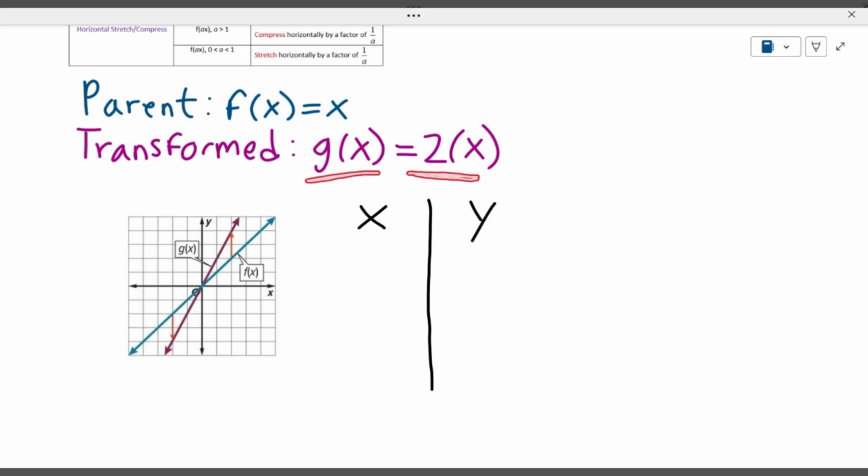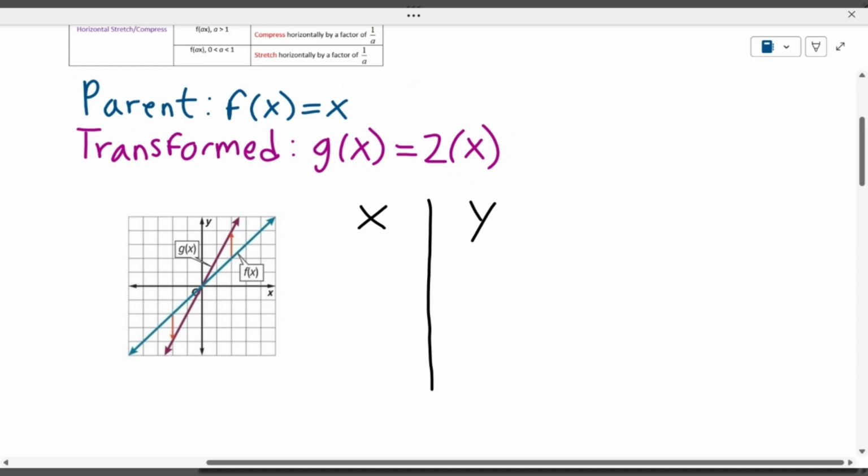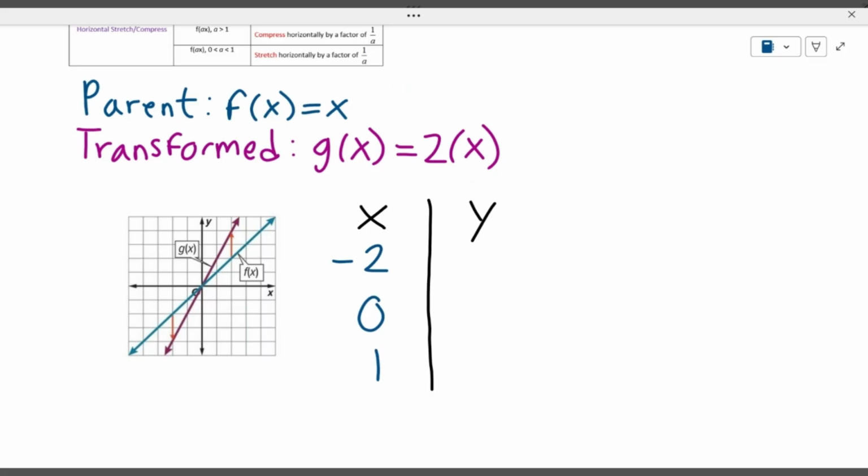But first, let's start with listing out the x and y values of our f of x function, or the parent function. We could choose some values. I'm going to do -2, 0, and 1. If I plugged in -2 for x, I would get back f of x equaling -2.